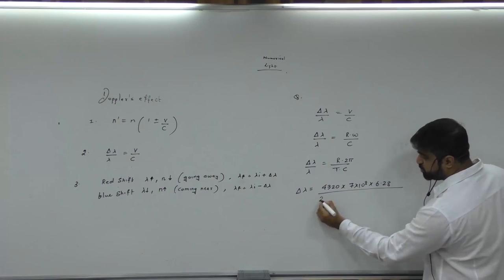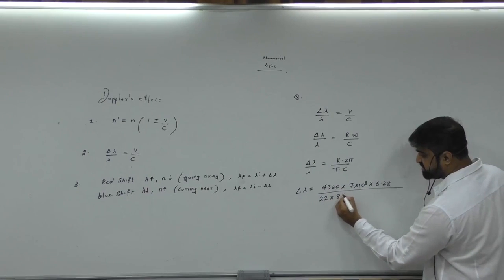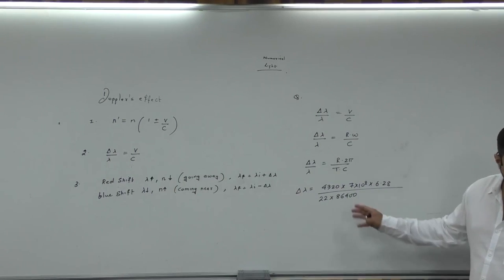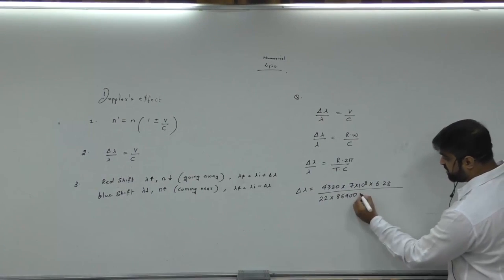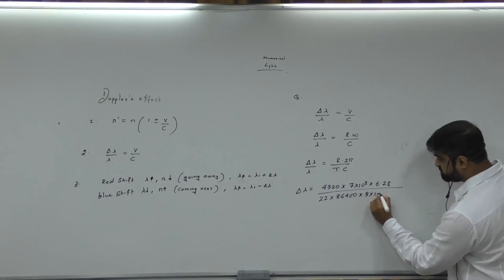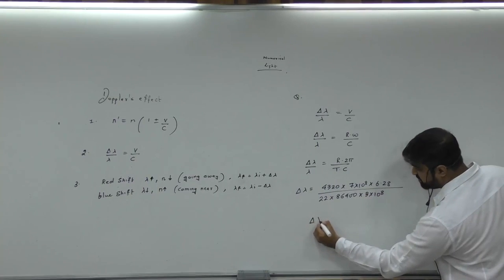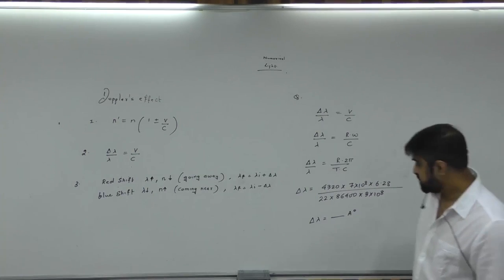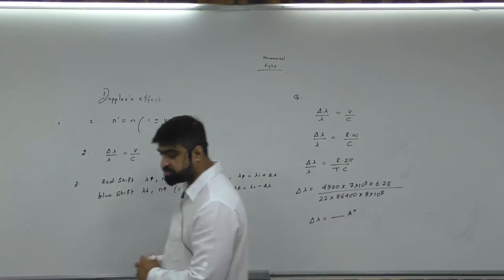Time period is 22 days. 1 day is 86,400 seconds. डेज में नहीं रखना है. And speed of light is 3 into 10 is to 8 meters per second. तो यहां से अगर आप सॉल्व करेंगे तो डेल्टा लैम्डा आपको आएगा Armstrong में. OK, because I kept it in Armstrong only.